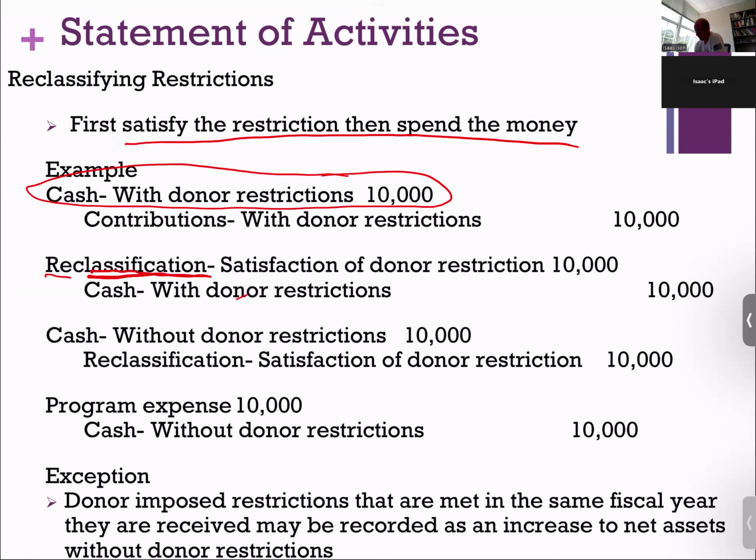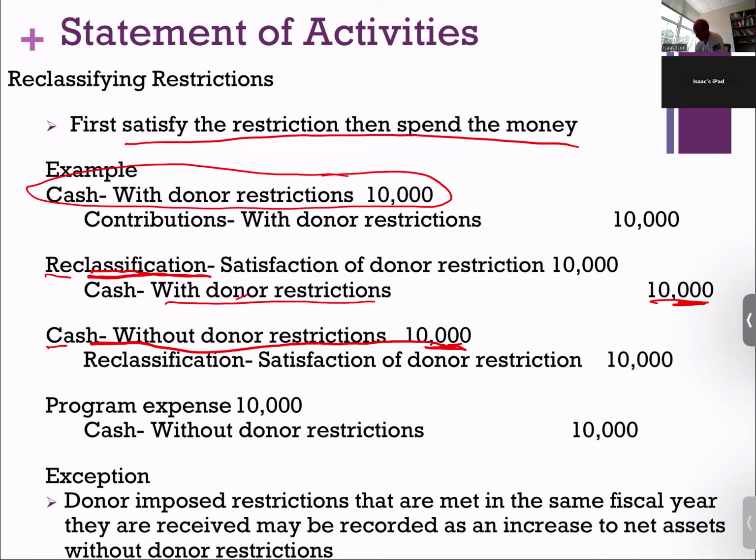So we're debiting that and then removing the cash from the with donor restrictions category. And then the increase: debit the cash account without donor restrictions, $10,000. Credit the reclassification account.